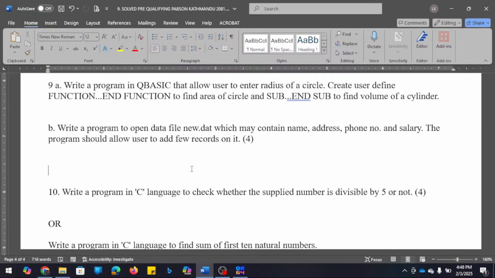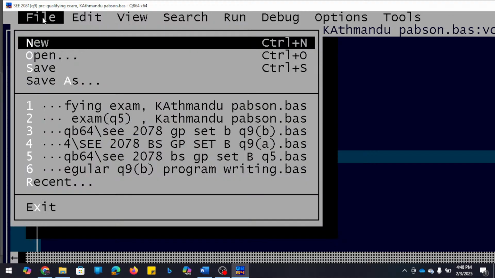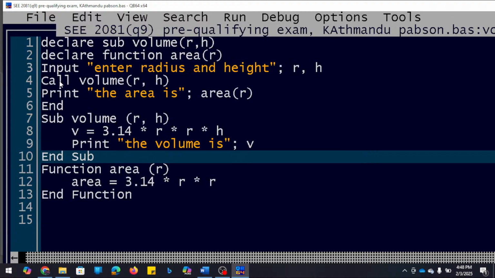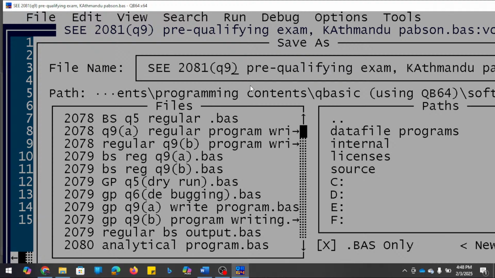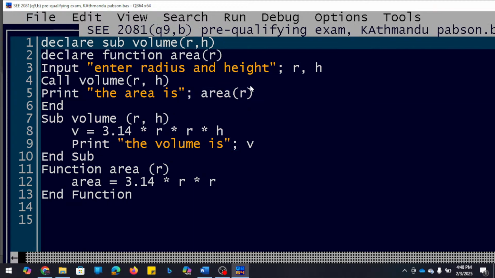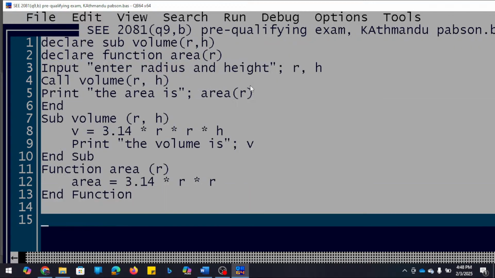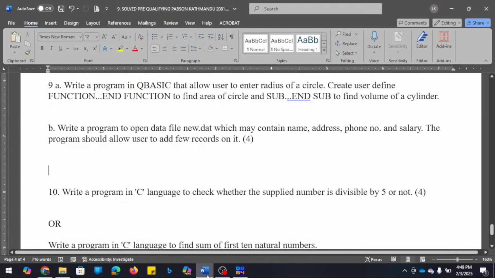Let's write now number 9B. What is the name of the file? New.dat.